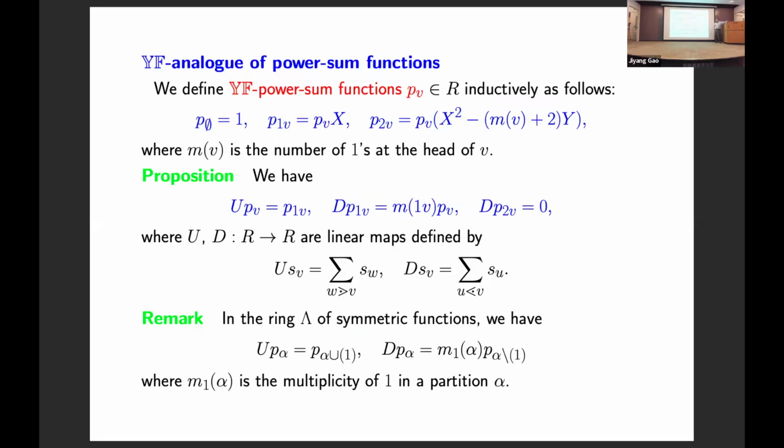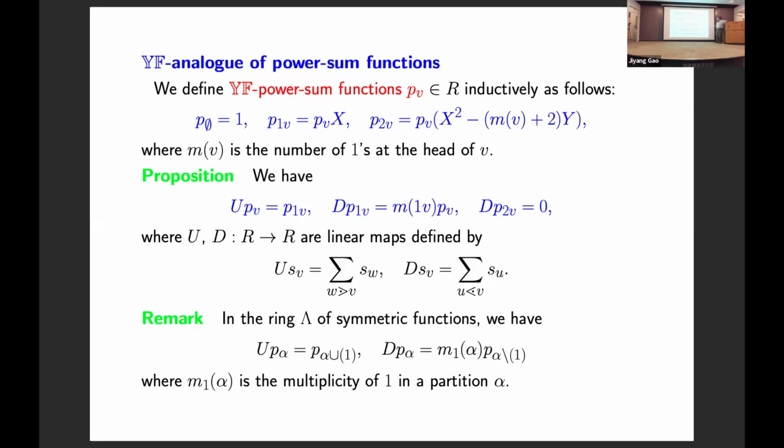And the character table of the symmetric group is a transition matrix between the Schur functions and the power sum functions. So in order to define the character algebra for this Young-Fibonacci algebra, we need to define the power sum basis.